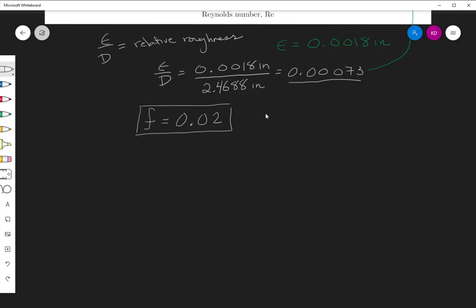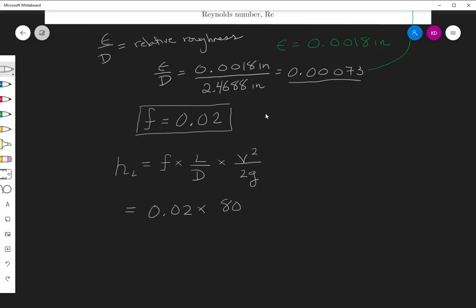And now we have everything we need to go back and calculate the friction loss. I'm just going to write down again Darcy's equation. H sub L equals f, the friction factor, times the length of pipe divided by its diameter, times the velocity head, v squared over 2g. So f is 0.02.